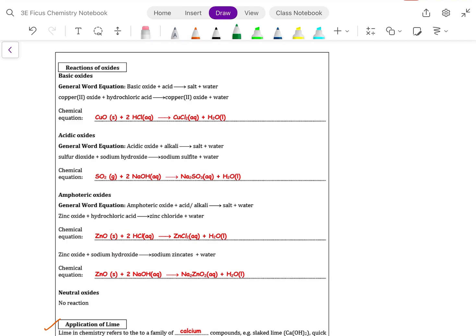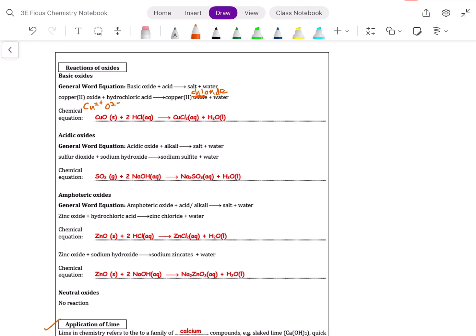Okay, so let's look at the basic oxides, which I think you're quite familiar because they are bases. Okay, example is copper 2 oxide plus hydrochloric acid gives you, I have a very bad typo. Okay, copper 2 chloride and water. Alright, okay, so copper 2 oxide is Cu2+, oxide is group 16, O2-.